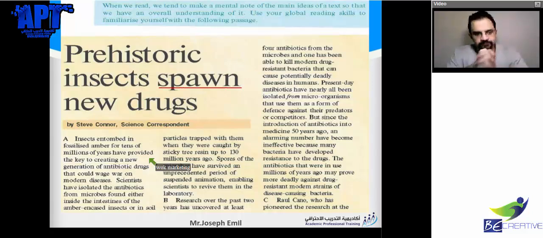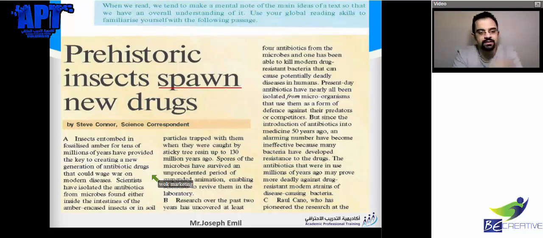A. Insects entombed in fossilized amber for tens of millions of years have provided the key to creating a new generation of antibiotic drugs that could wage war on modern diseases.